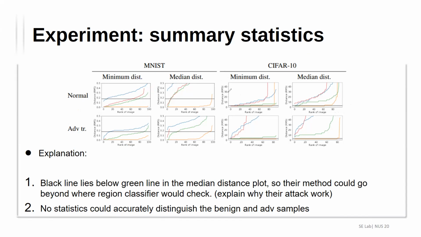Because this is the average distance, for one image they would have a lot of directions, and for all the directions they would average out. So somehow they rank the distance of different images.